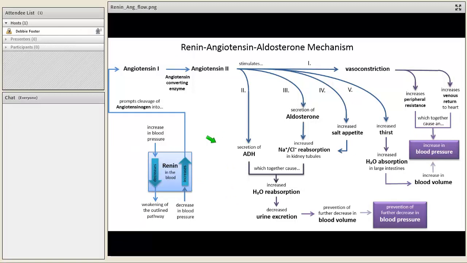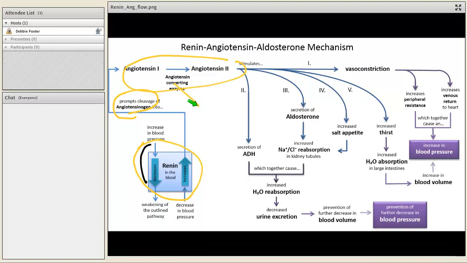So it's, like I said, very complicated, but what you want to remember, and maybe I can highlight some of these, is this: you will want to know renin, angiotensinogen, angiotensin 1 and 2.